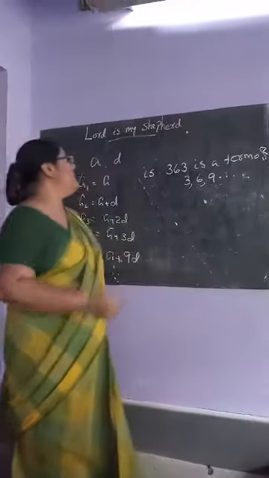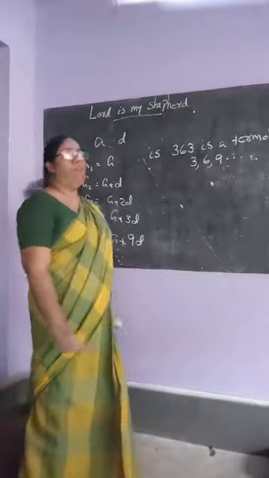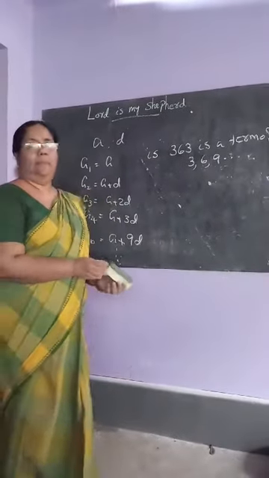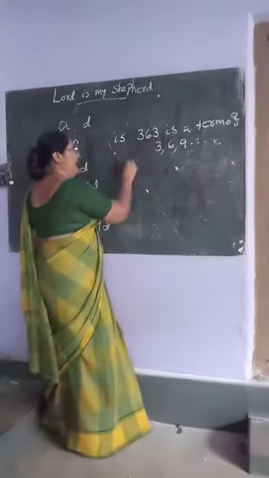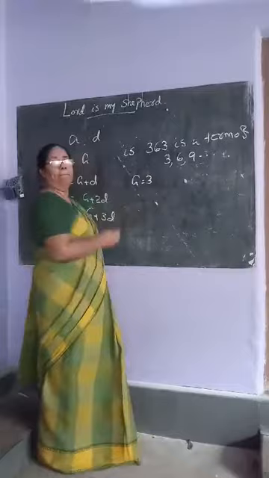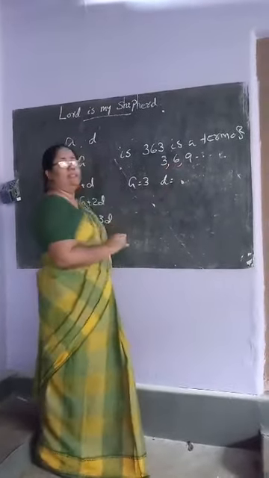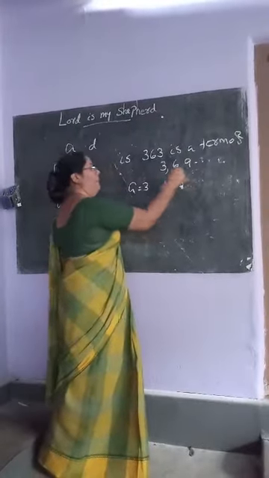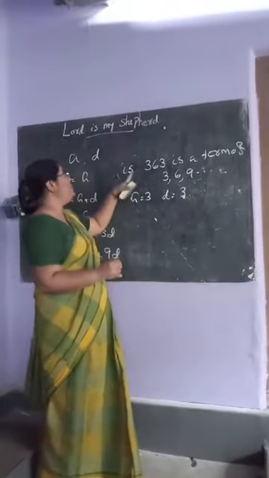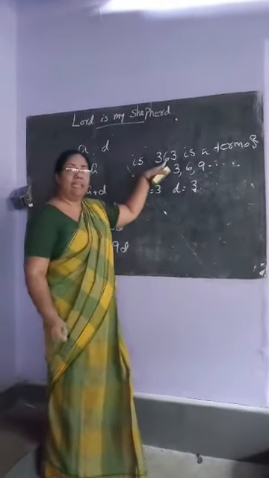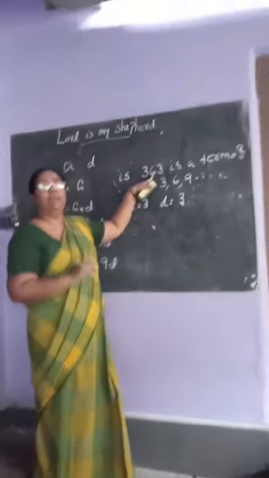Is 363 a term of 3, 6, 9, etc.? From this we know that A is equal to 3. Then D is equal to 6 minus 3, that is 3. Our aim is to check whether 363 is a term of this arithmetic progression.